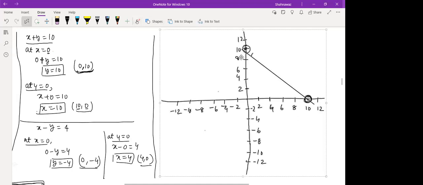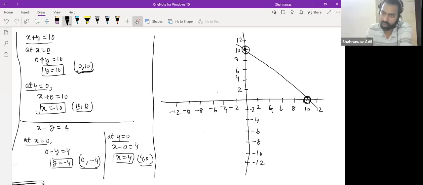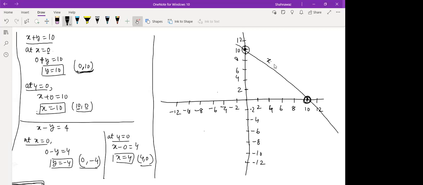Okay, so let me draw this. Okay, this is the line. This is x plus y equals 10.